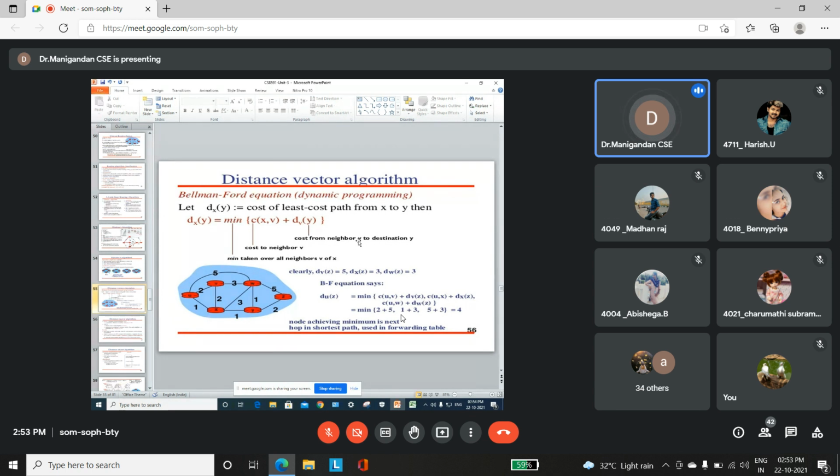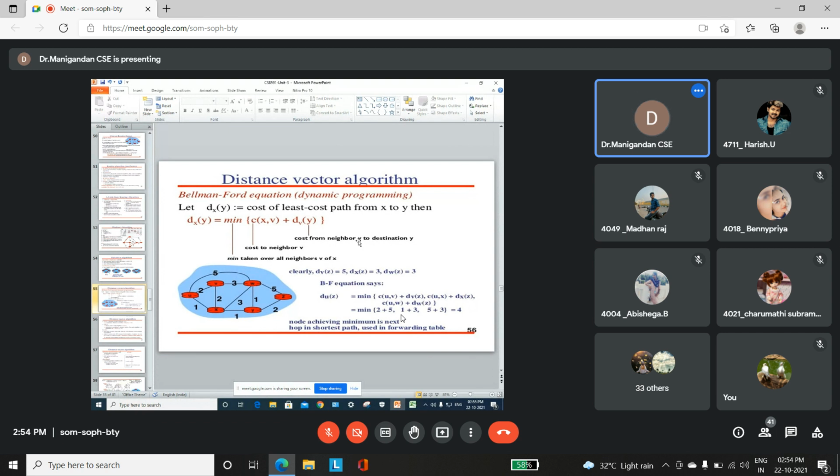Among these, the minimum value is 4. So c(u,x) plus d_x(z) is the minimum value. By using the least-cost path, we forward the packets from one node to another.